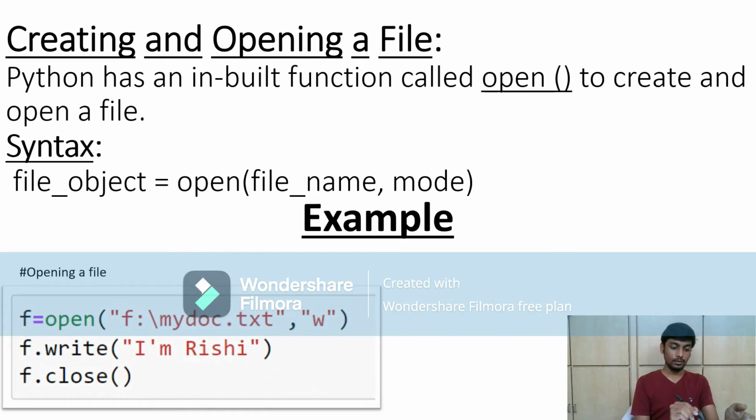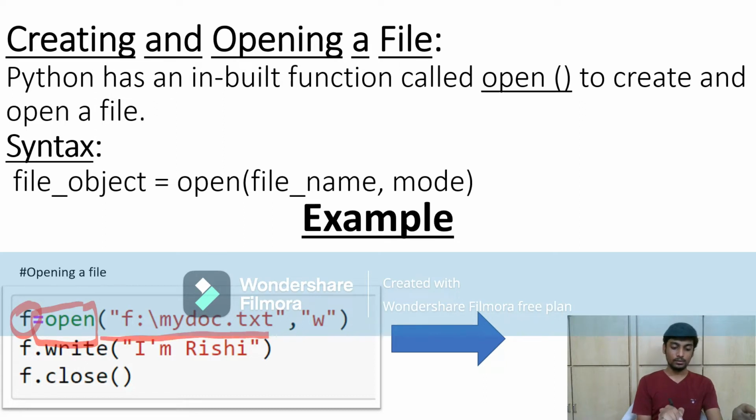Here is a file object, and the function that we are using, and this is the file name of the text file that we saved before, and this is the mode.